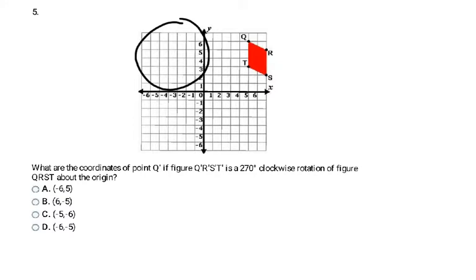So I'm going to go ahead and look which of these points actually is in the second quadrant. So the second quadrant has a negative x and a positive y. The only answer here that has a negative x and a positive y is A. So A is my answer.